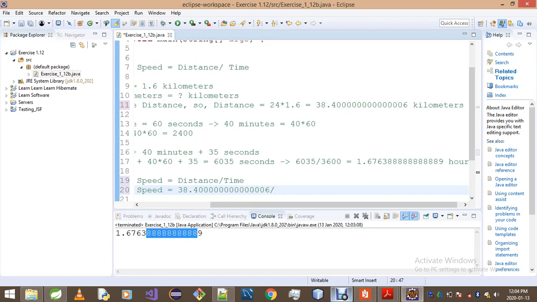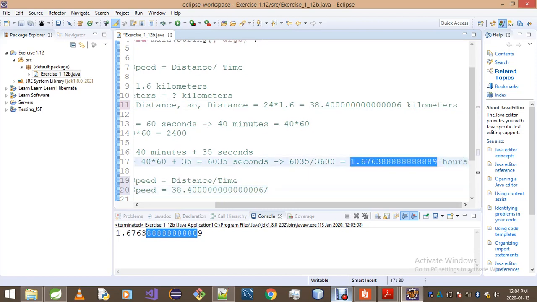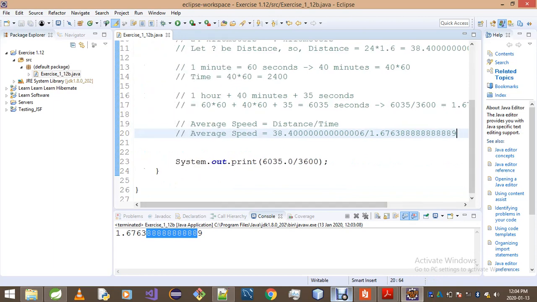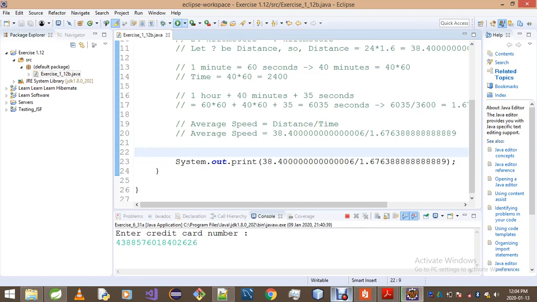Divided by our time in hours. Okay, so this is what we have. This is the exact thing we have. Let's see what we get. So we got 22 point that.